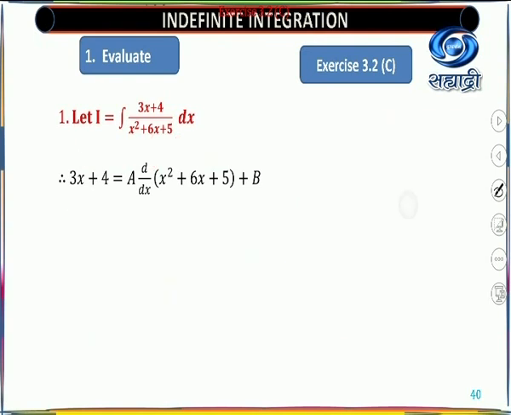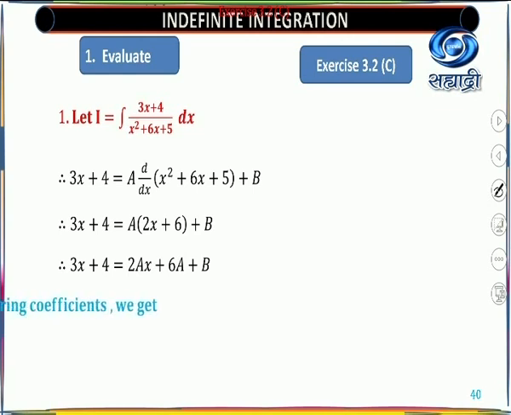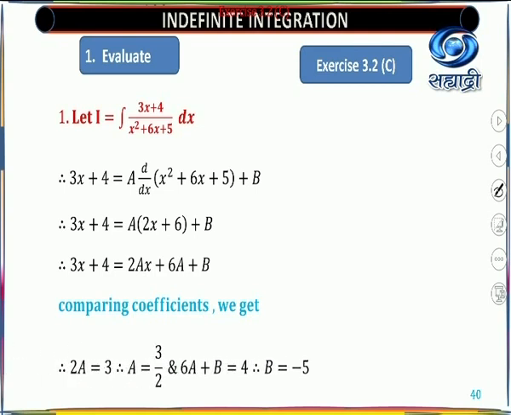So 3x plus 4 equal to a into 2x plus 6, plus b. Then you get 2a equal to 3 and 6a plus b equal to 4. Comparing the coefficients, a is 3 by 2 and b is minus 5. This is the working which we did previously. So these are the steps.